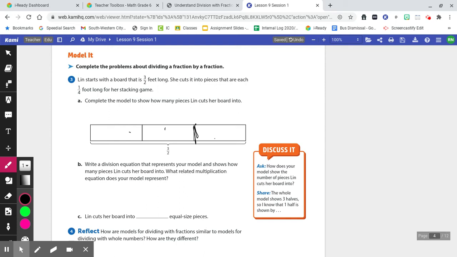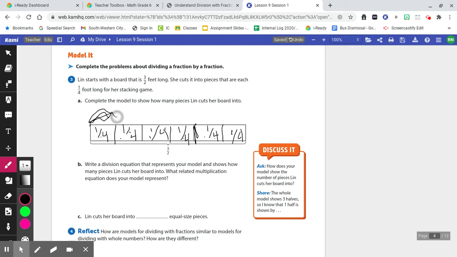Okay, so I would have cut this into, remember these are halves, so here's a 4th and here's a 4th. These are 4ths. And here's another 4th. Remember, because each of those sections was a half, so I'm taking half of the half. So how many 1/4 are in 3/2? 1, 2, 3, 4, 5, 6. So she has 6. Here, this was a half.